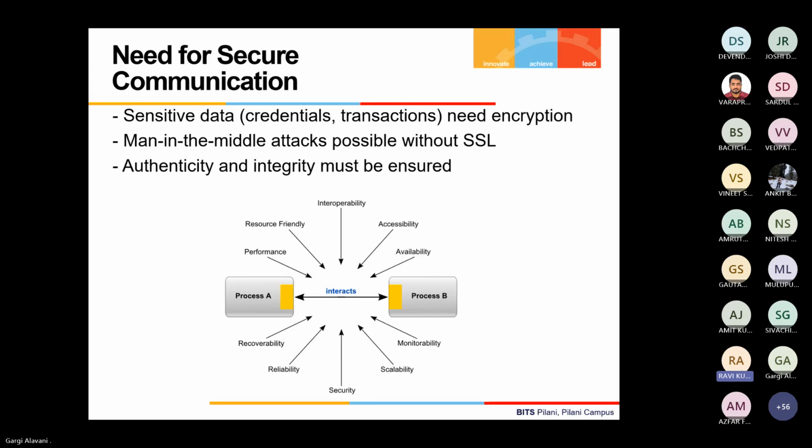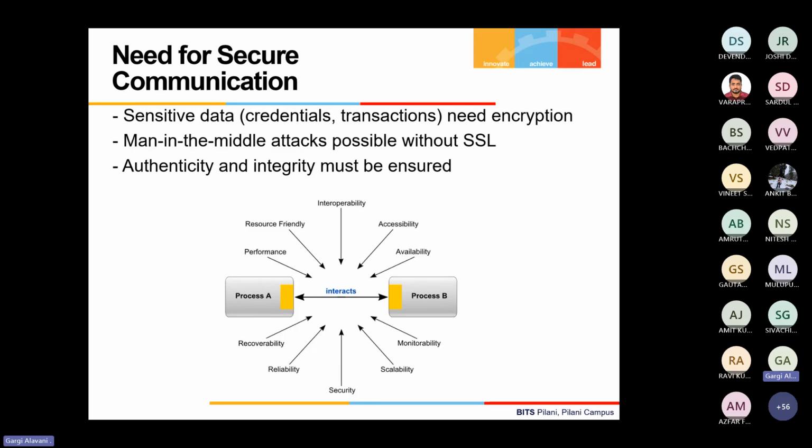That is how they alter the data and put their own data in between the communication. Yes, altering is possible.